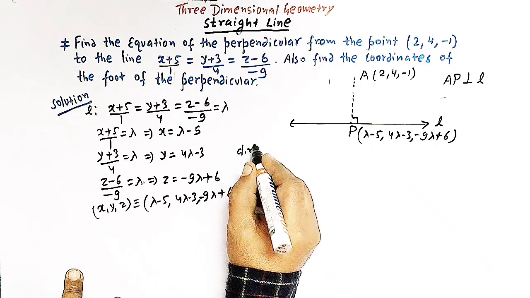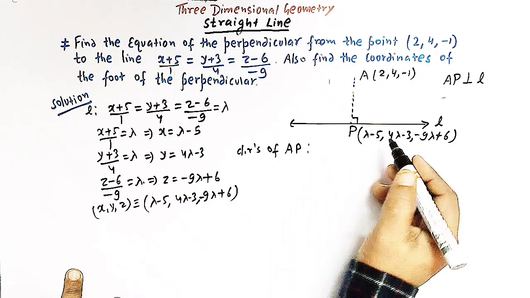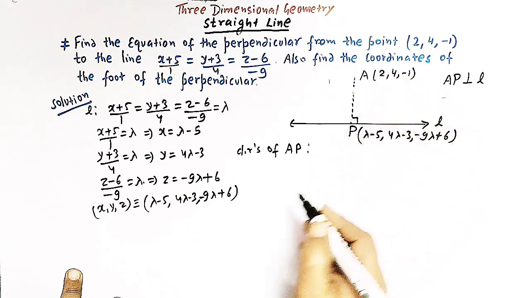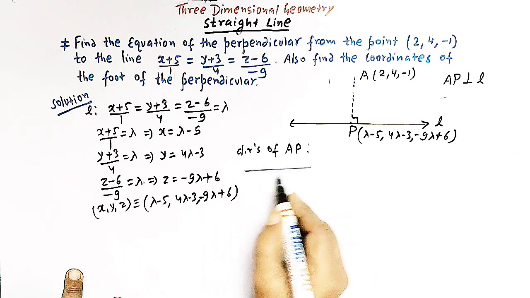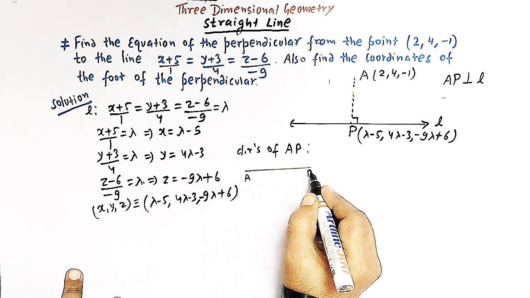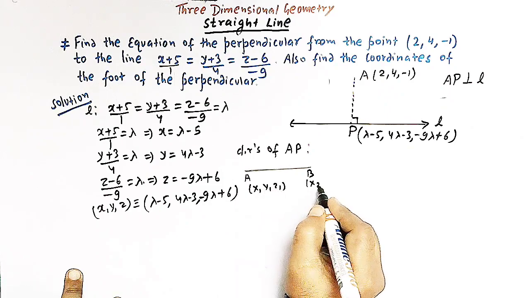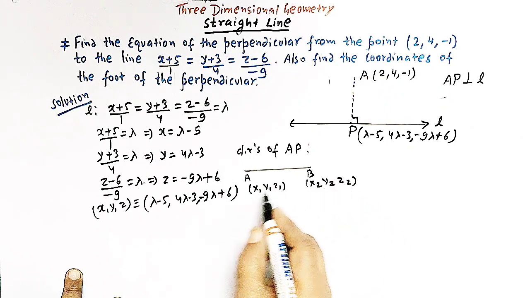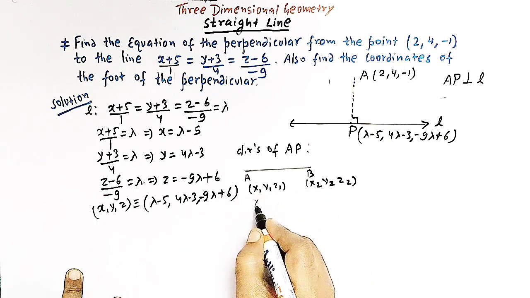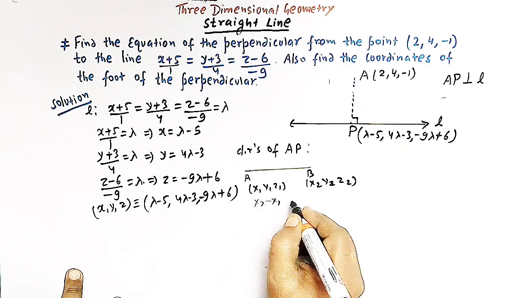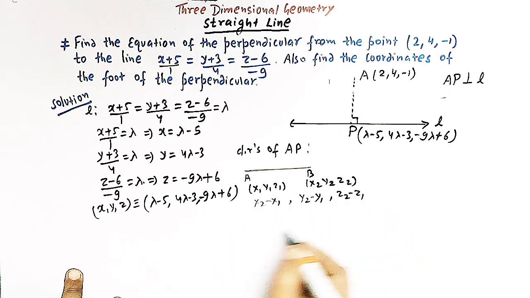The DRs of the line AP can be obtained by subtracting these coordinates, because we know that if we have a line and two points, say A and B, where this point is x1, y1, z1 and this point is x2, y2, z2, then the direction ratios of AB are given by x2 minus x1, y2 minus y1 and z2 minus z1, right?